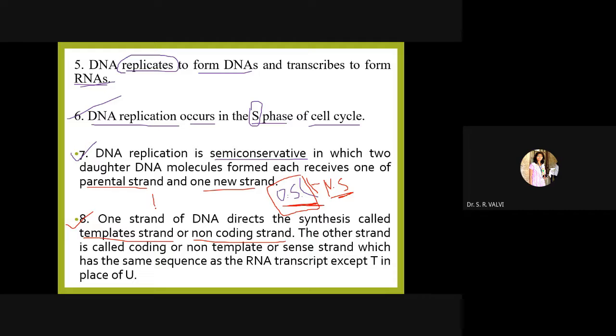So here, you can say this is the template strand or non-coding strand, whereas this other part, or newly synthesized part, will be called the coding or non-template or sense strand, right? So that would be a template, non-coding or anti-sense strand. This is the first. And the second one, as the codon is going to join with it, hence it is called as what? Coding or non-template or sense strand, right?